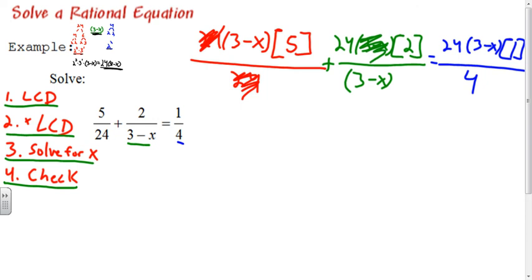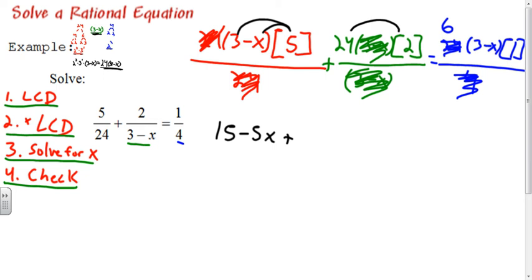Now from here, all we have to do is divide things out, 24 and 24. Here we have 3 minus x and 3 minus x. Here we have 4, which can divide out with our 24, so this just becomes 6. So in the end, if we distribute this 5 right away, we would have 15 minus 5x plus 24 times 2, 48, equals 1 times 6, which is just 6, 6 times 3, 6 times negative x, gives us 18 minus 6x.